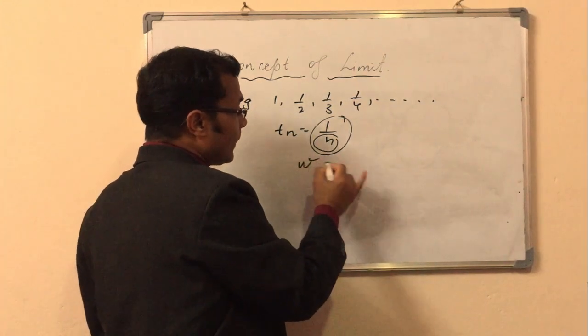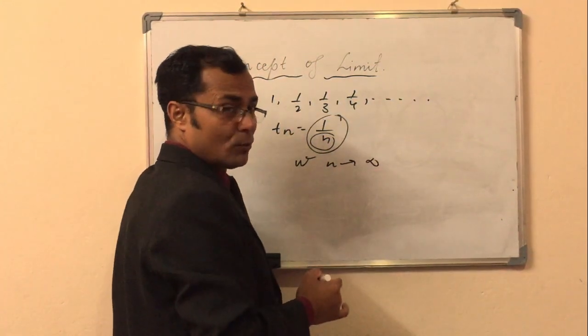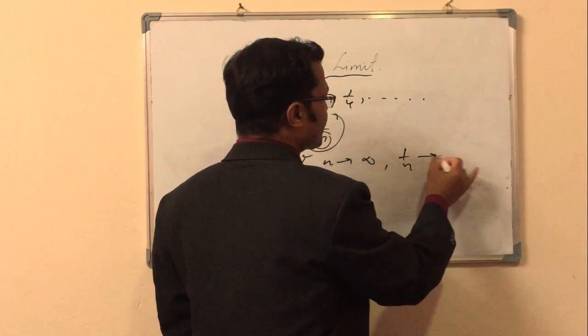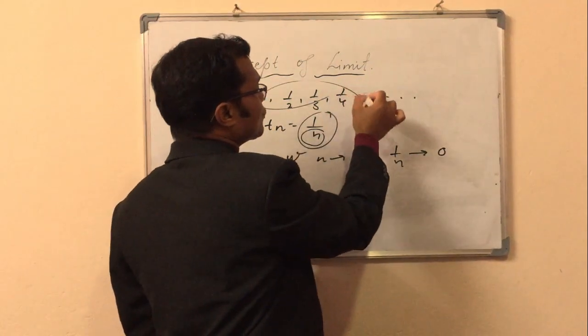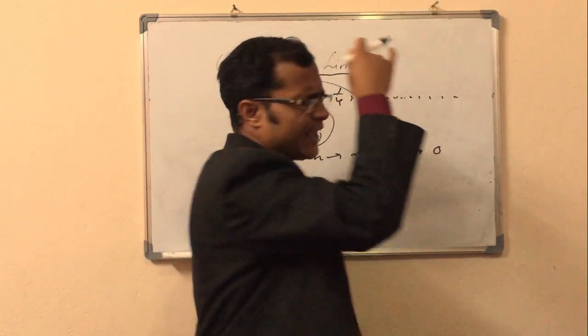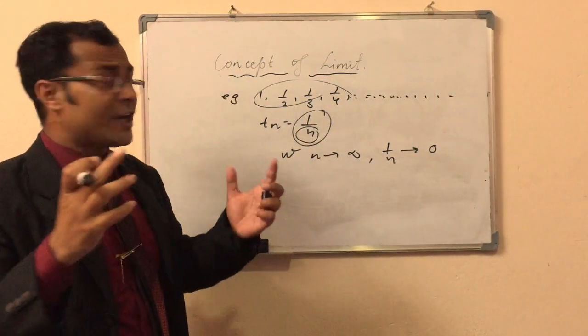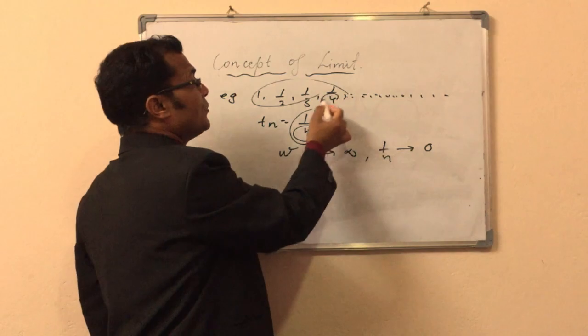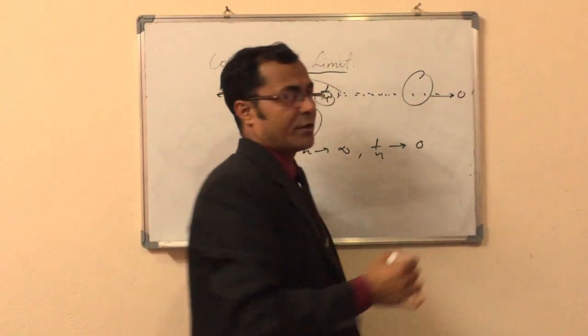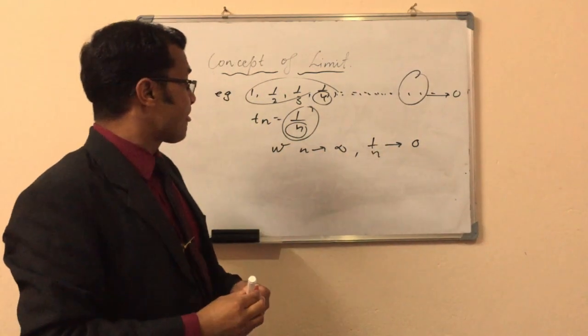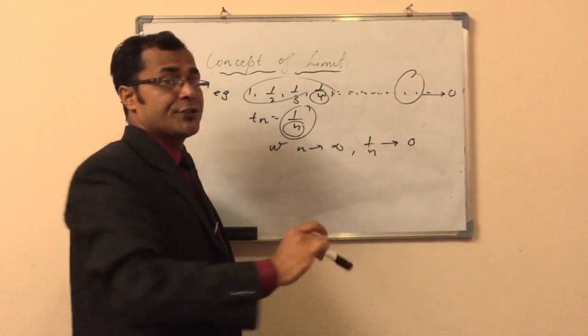And when n tends to infinity, what happens? 1 by n tends to 0. You just go on adding infinitely higher values at the denominator. In that case, this total value will go to 0. It means the limiting value of this sequence is 0.